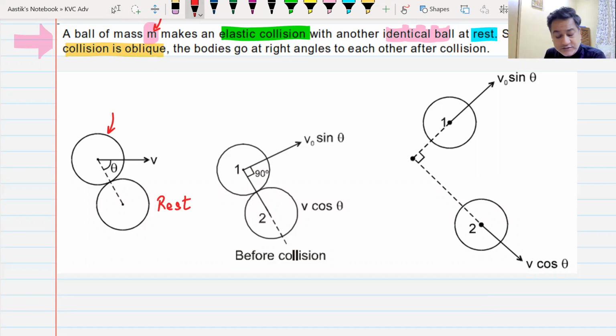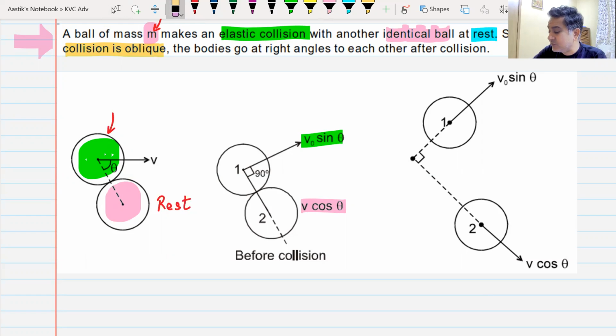It's an oblique collision, moves with a velocity v. After collision, ball number 1, the green ball, moves with a velocity v sin theta. Ball number 2, the pink ball, moves with a velocity v cos theta at an angle of 90 degrees.